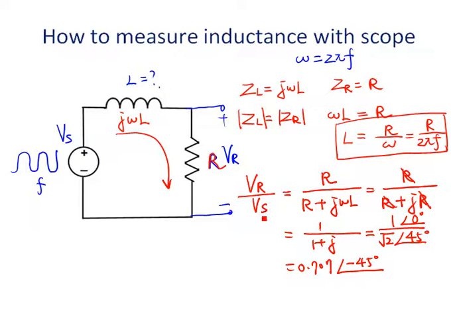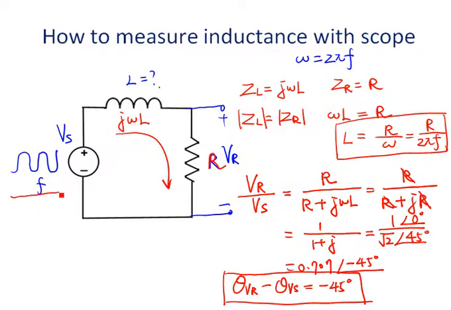So if we make the resistor voltage phase angle with respect to the source voltage phase angle equal to negative 45 degrees, we can calculate the inductance based on the equation we just derived. Under that condition, we know the inductance should be R over 2 pi F. F is the source voltage frequency.